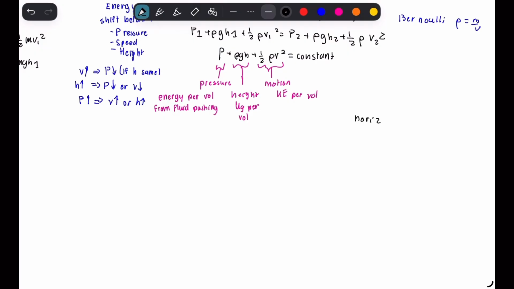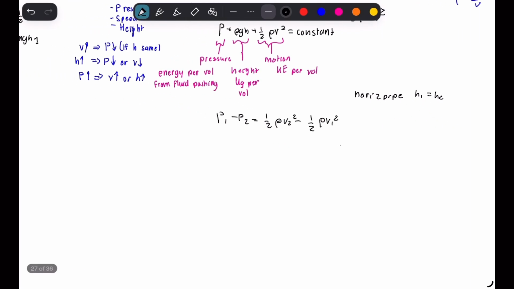So if you have a horizontal pipe, that means your height 1 is equal to your height 2. So that means you have P1 minus P2 is equal to 1/2 rho V2 squared minus 1/2 rho V1 squared.